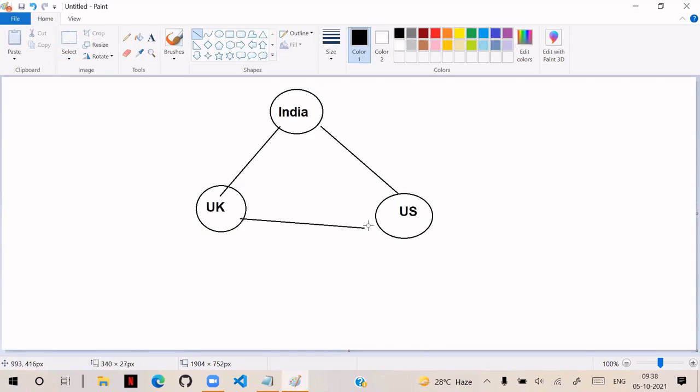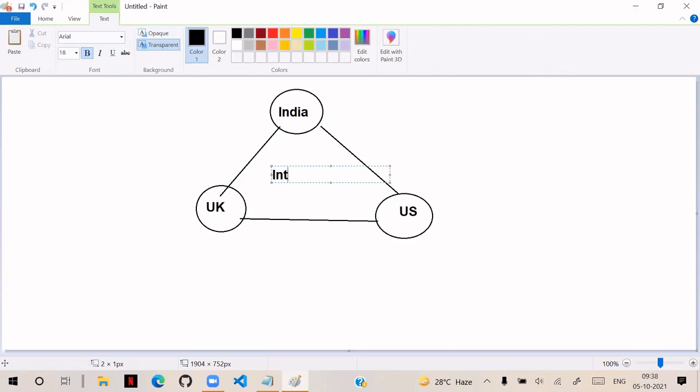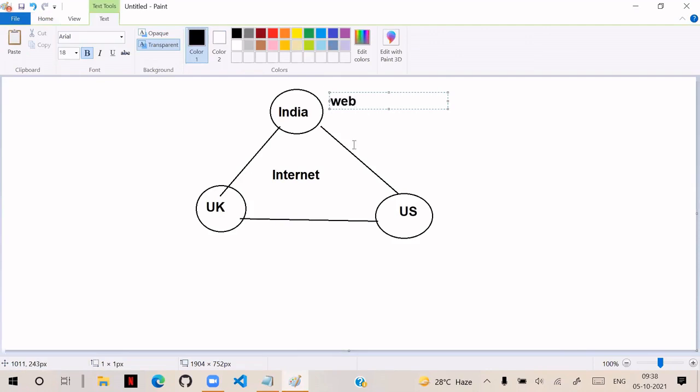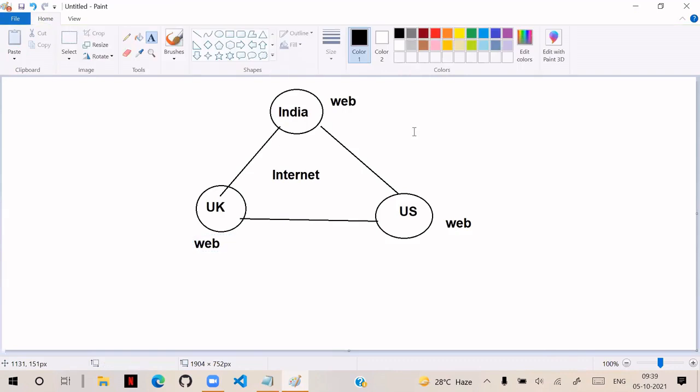This will form the internet. All are connected with each other. This is the internet. Now, very important: India has its own web, the US has its own web, and the UK has its own web. That means every country has its own web. Usually, that web will be under the control of that government.